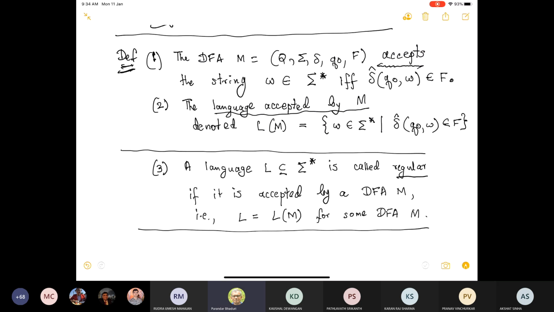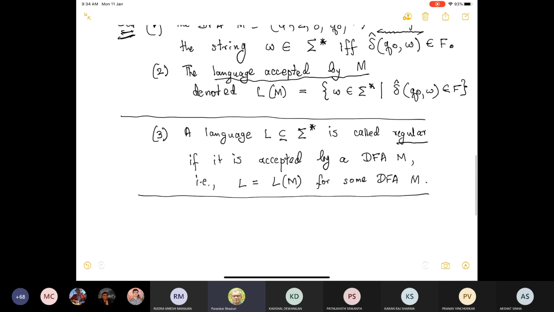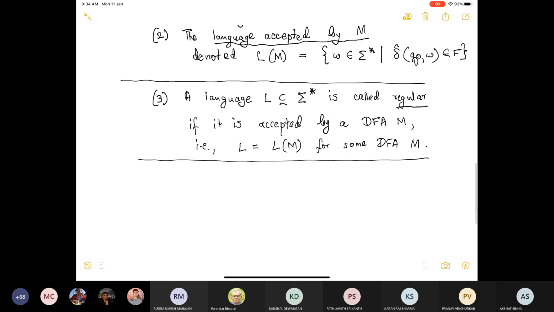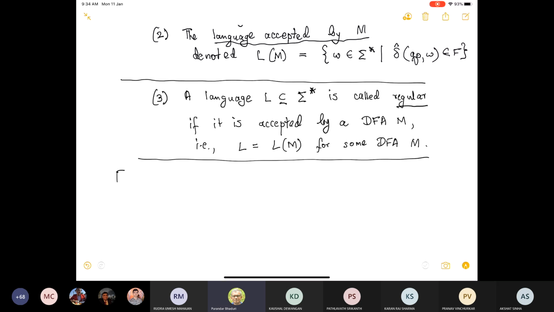So these are the most important definitions in automata theory. What is the notion of acceptance? What is the notion of language acceptance? And what is a regular language? Okay. So now let us come to examples, and we have seen just one example.